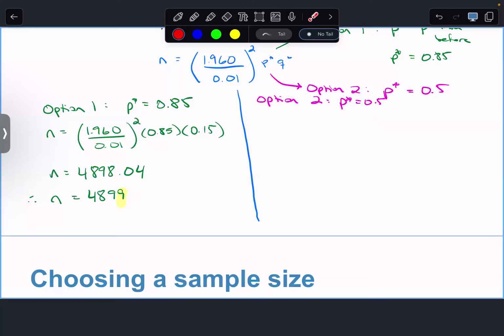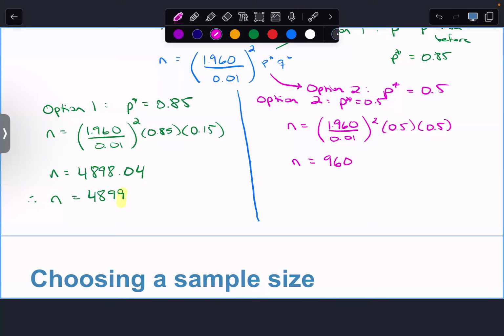And so if we do this, n is 1.96 divided by 0.01, squared, times 0.5 times 0.5. I get an even 9,604. That's nice. No rounding necessary.